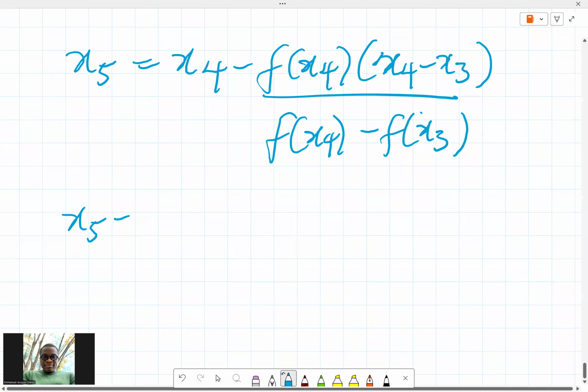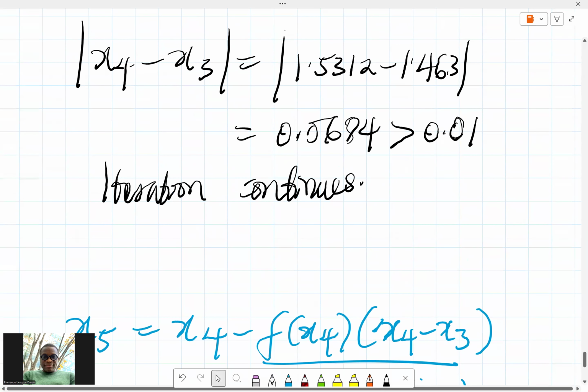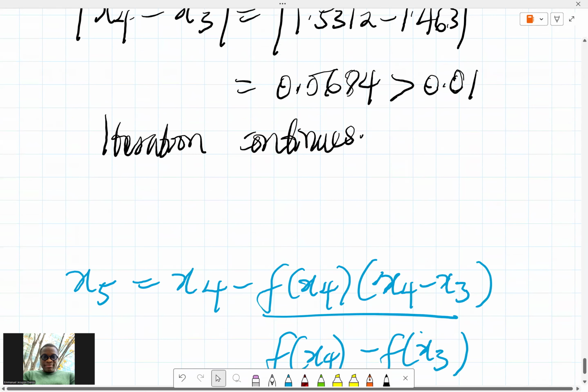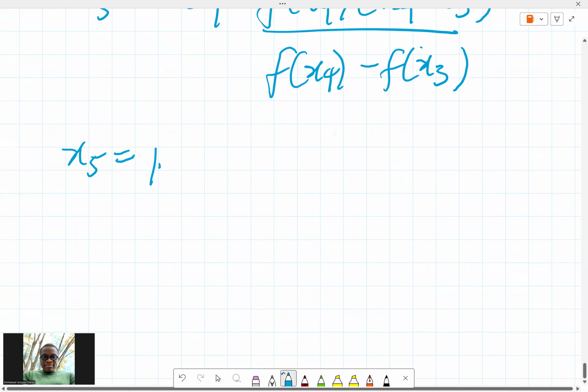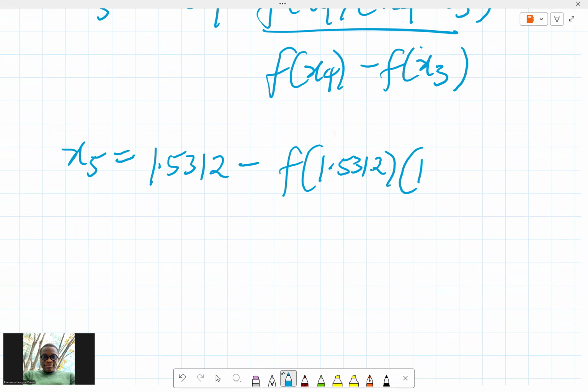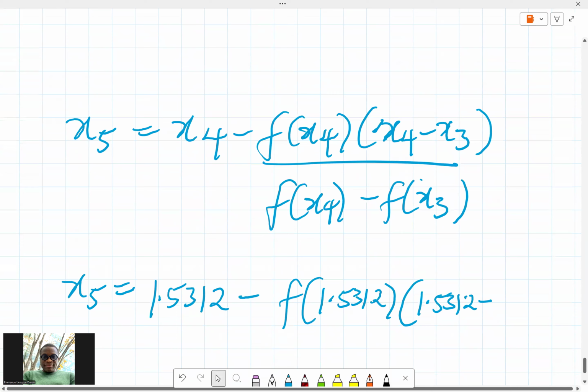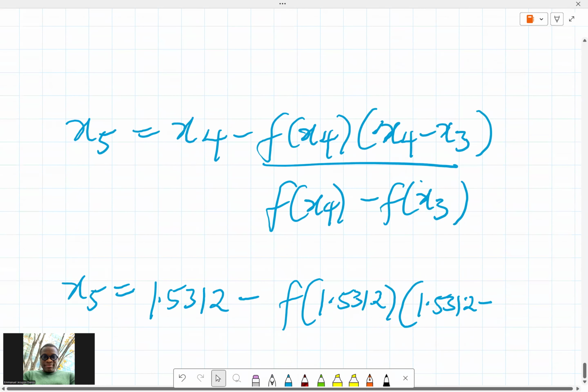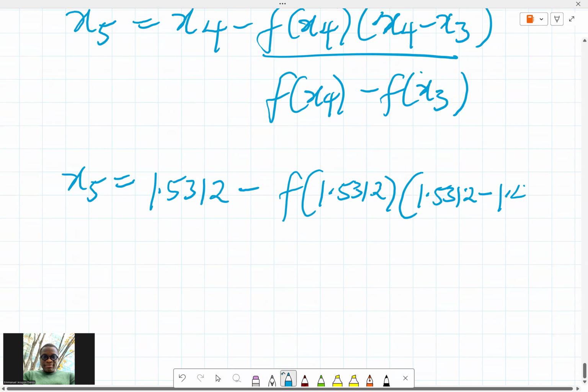So x5 is x4, which is 1.5312, minus f of 1.5312 into 1.5312 minus x3, which is 1.463. I should have said 1.4627, but it's okay.